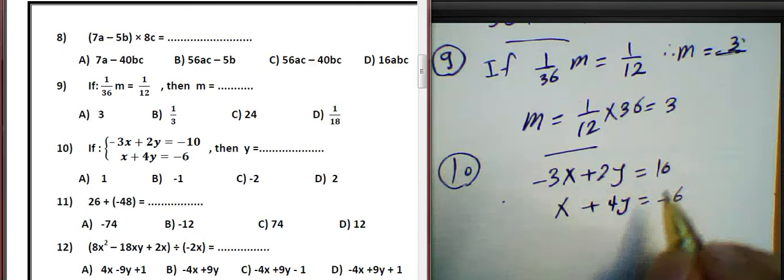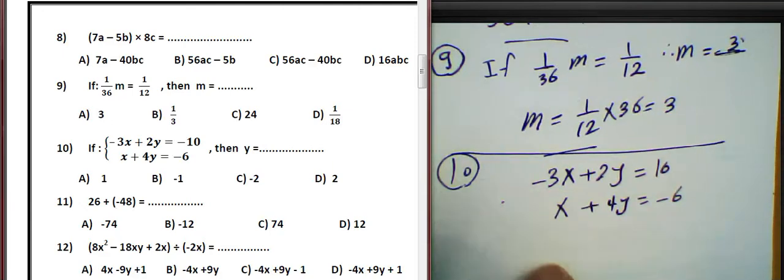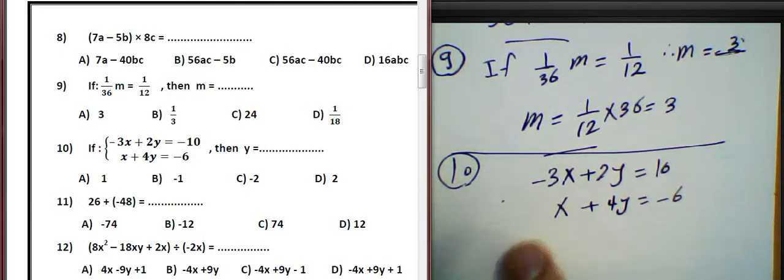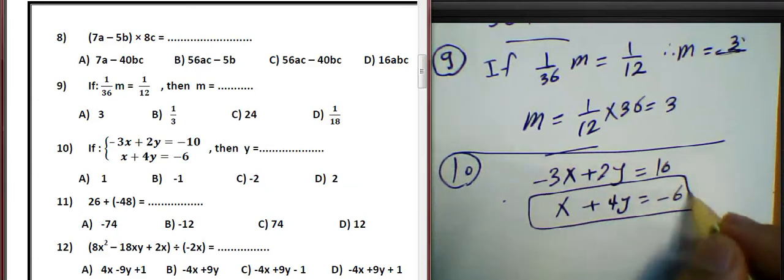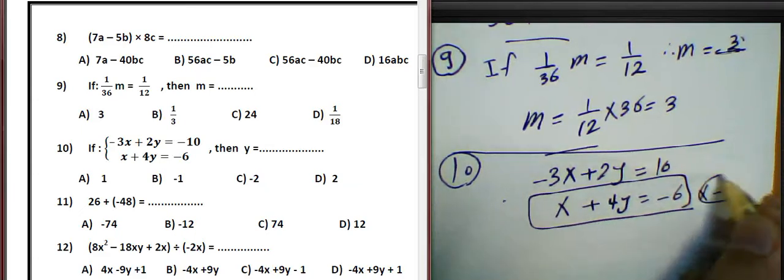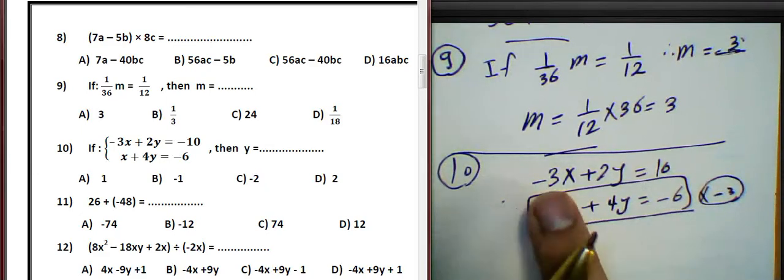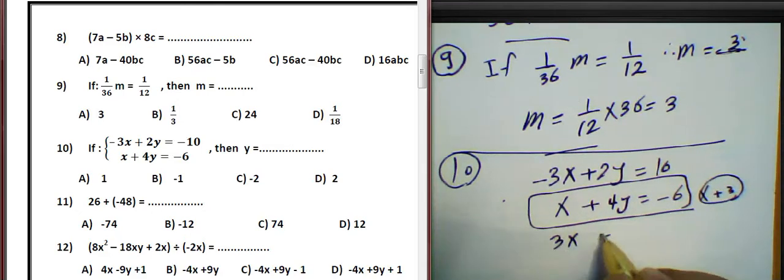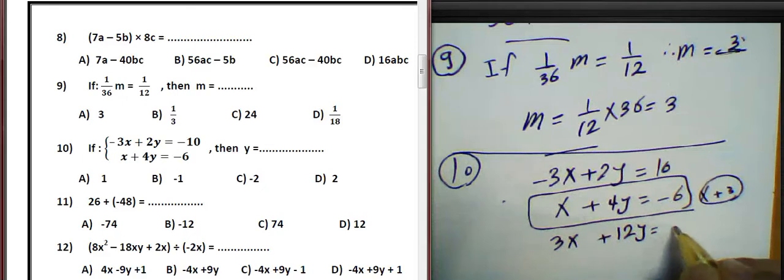We must find the result by multiplying the second equation by 3, to cancel 3x. 3 multiply x, it will be 3x. 3 times 4 equals 12. 3 times 6 equals 18. The result will be negative 18.